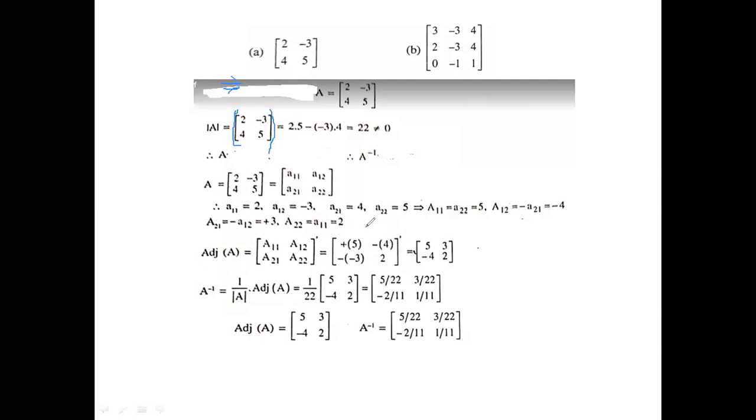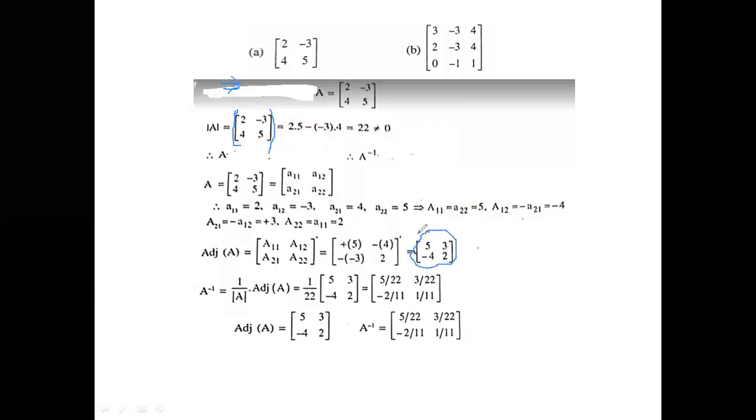Now we transpose this matrix. The row will be column and column will be row. So the row 5, minus 4 is the first column, and 3, 2 is the second column. So this is the adjoint.